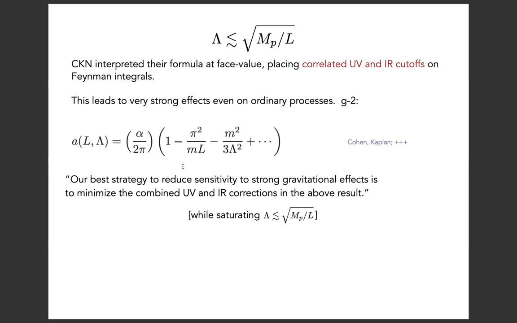For example, if I put an ordinary IR cutoff on the g-2 one-loop diagram, it enters as 1 over L, and the UV cutoff as 1 over lambda squared. I'll quote from their paper: our best strategy to reduce sensitivity to strong gravitational effects is to minimize the combined UV and IR corrections. The reason this has a stationary point is that we impose this correlated relationship between the UV and IR cutoffs.